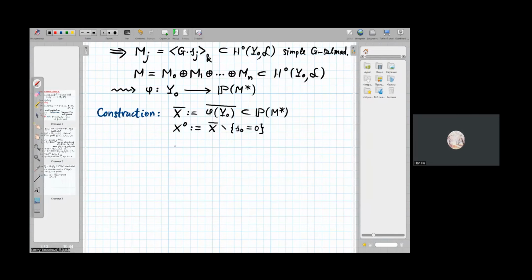And finally, maybe I should write it here. So this is a projective spherical G variety, a projective spherical variety. And this guy is an affine B-stable open subvariety.